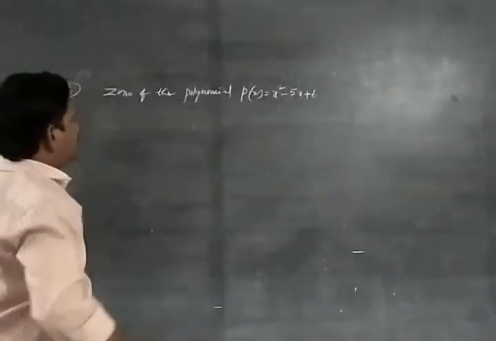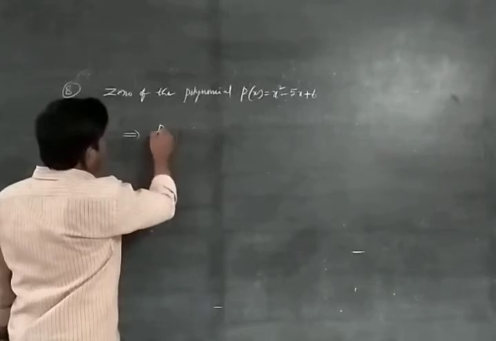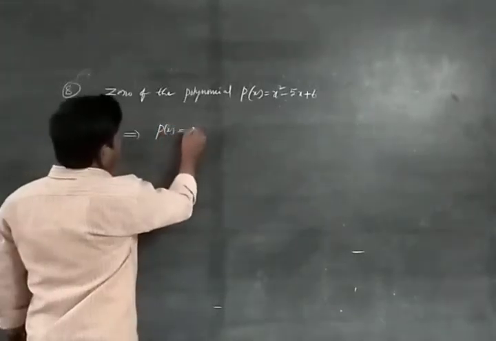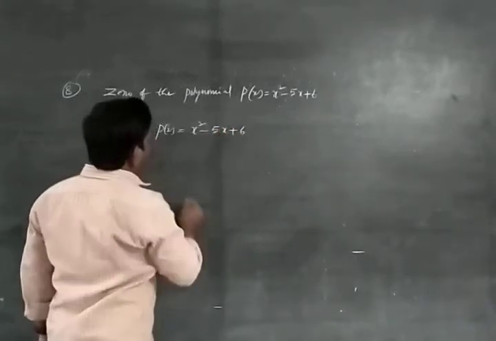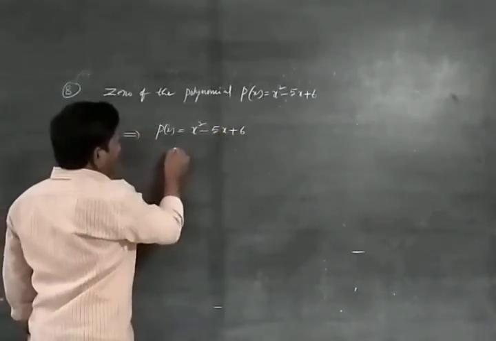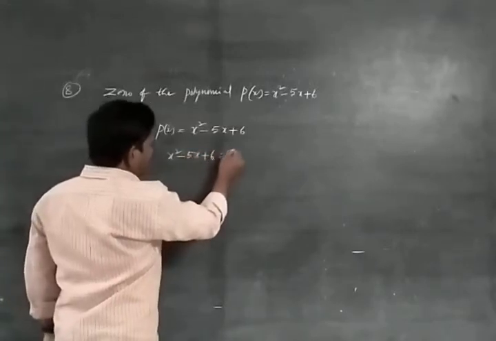Okay, take p of x equal to x square minus 5x plus 6. Then x square minus 5x plus 6 equal to 0.